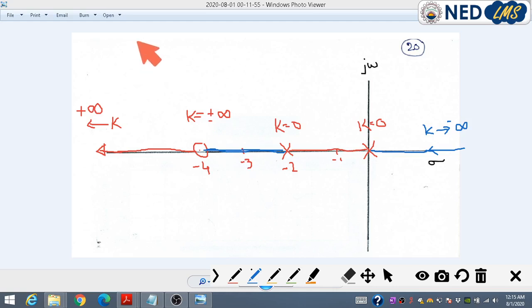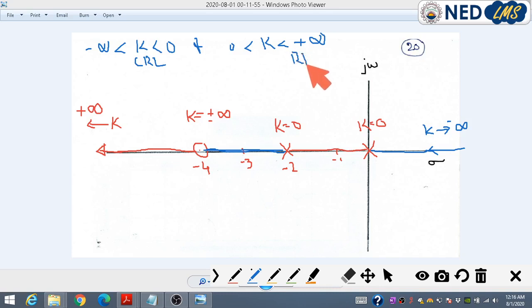The entire trajectory of the branch is from K minus infinity to 0, and then K from 0 to positive infinity. It is the range of CRL, and this is the range of RL.